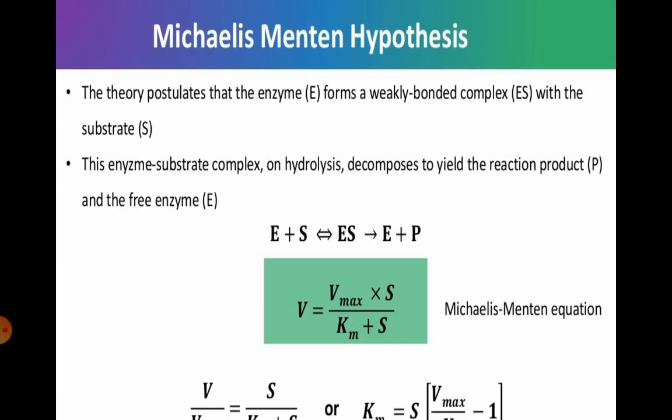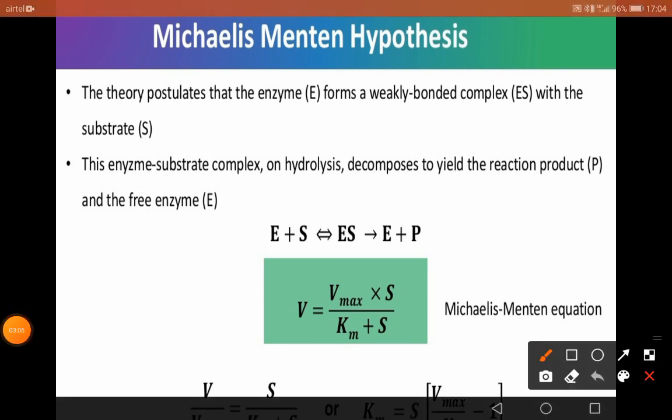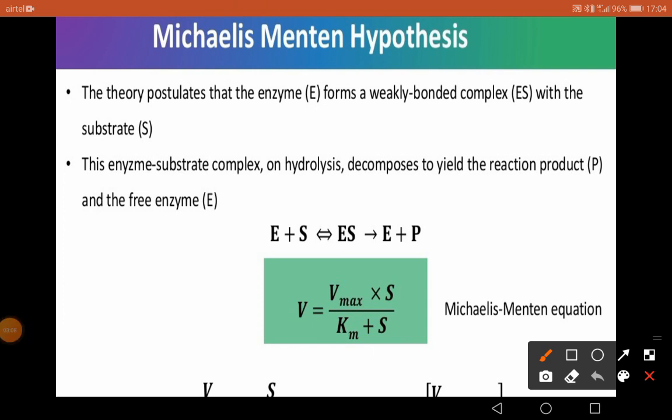The theory postulates that the enzyme forms a weakly bonded enzyme-substrate complex with the substrate. The enzyme-substrate complex on hydrolysis decomposes to yield the reaction product and the free enzyme. So this is the reaction: enzyme plus substrate gives rise to enzyme-substrate complex, and we get free enzyme plus product.